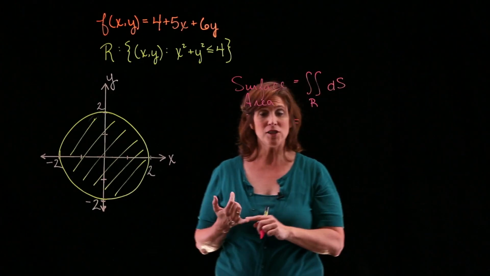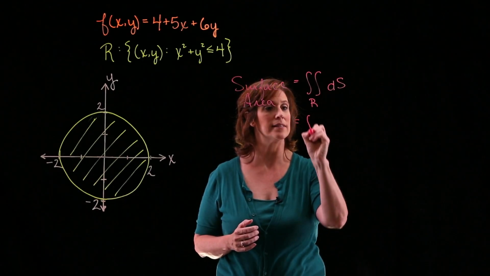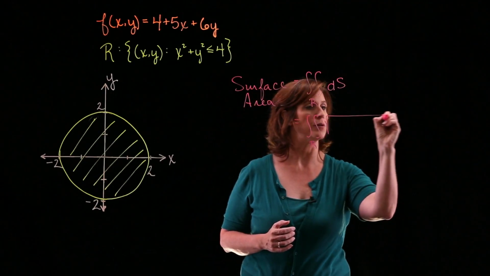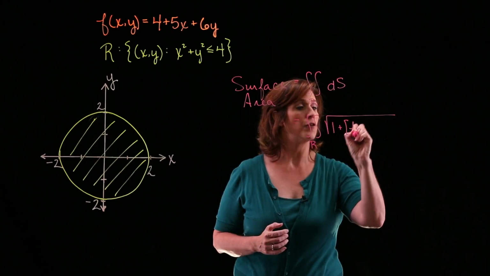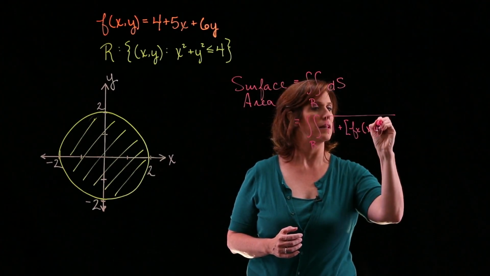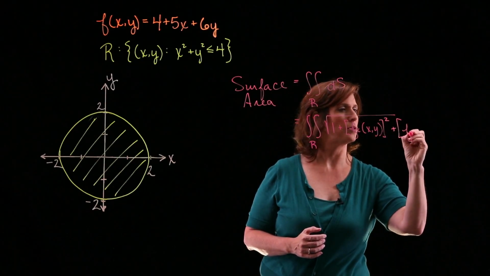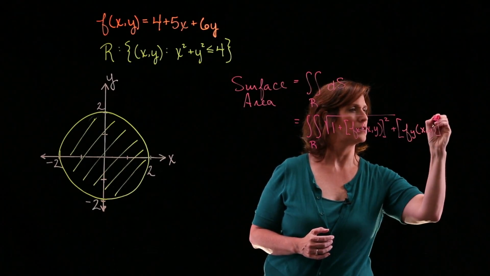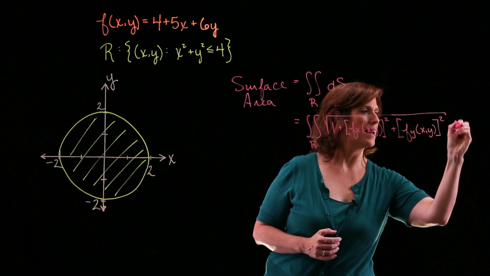Now, if my function f and its partials are continuous, I can write this as the double integral over a region of the square root of 1 plus the first partial with respect to x squared plus the first partial with respect to y squared dA.